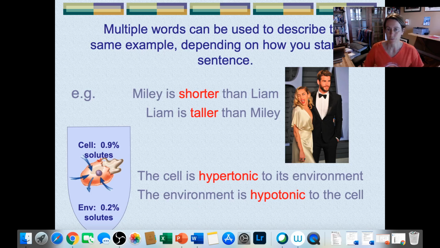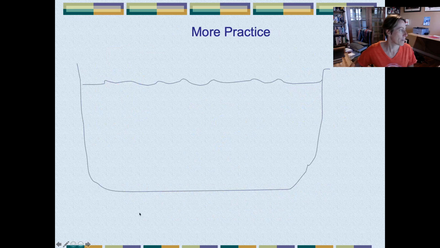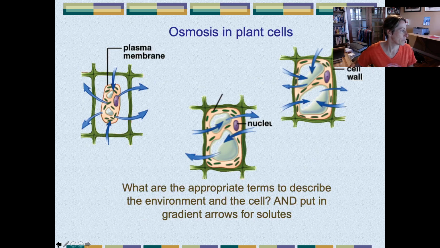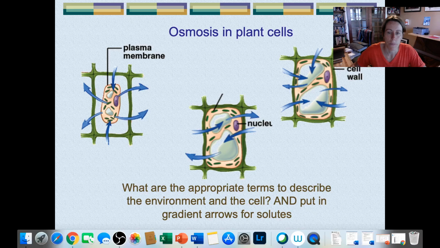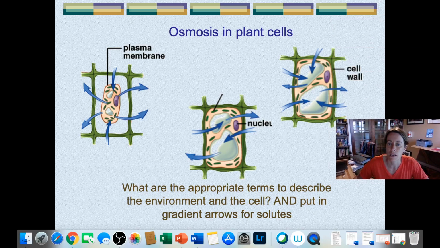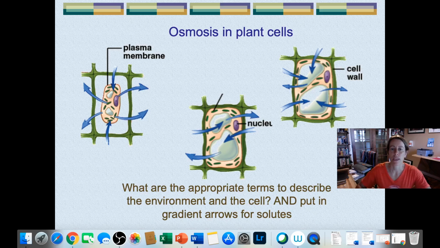All right, so as a little finishing up here, here is a practice problem showing 3 different plant cells. So on these plant cells, the blue arrows are showing water movement once again.